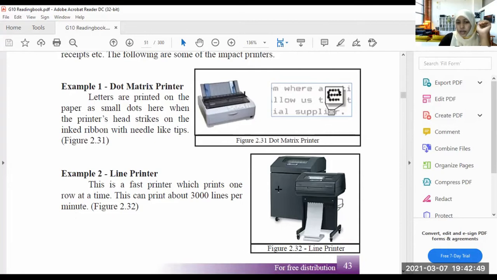So these are used like in printing magazines and all these things. They are using such kind of printers, right? So these print with the head or with the needle with an impact, right? That's why these are called impact printers.